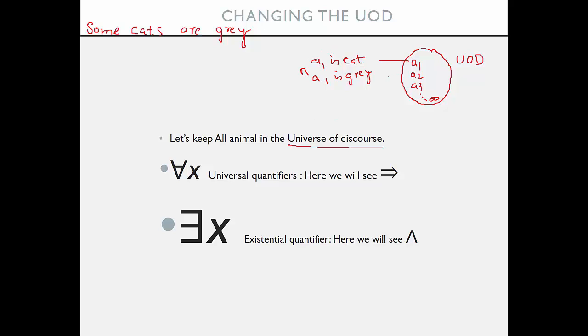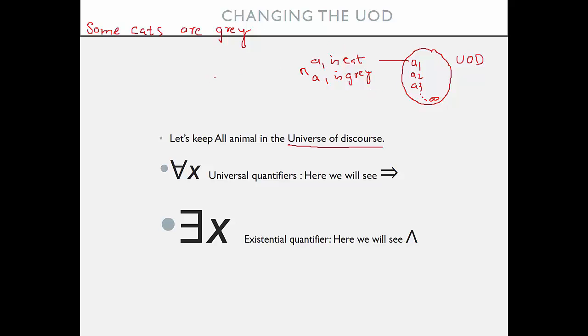Similarly, if we took A2 out and found that A2 is a cat and A2 is gray, then the statement is true. Again, if we took A3 out and A3 was a cat and A3 was gray, then this statement is true.